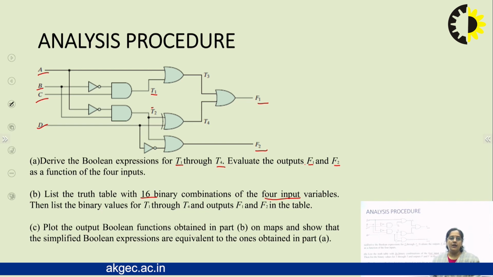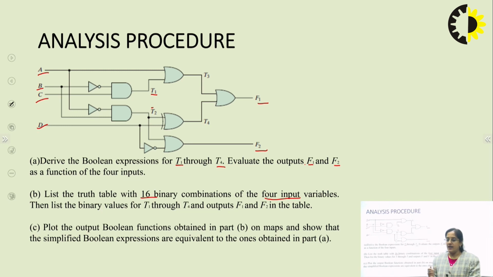So, we have to find the outputs F1, F2, and even T1 to T4 for these 16 combinations. The third step is, if the expression for the outputs F1 and F2 is large, or if we have to minimize the circuit, then we can solve it using a K-map and find a simplified Boolean expression for the output.